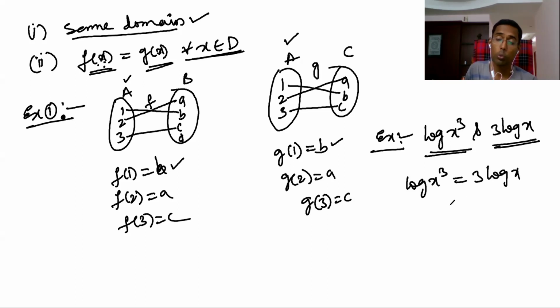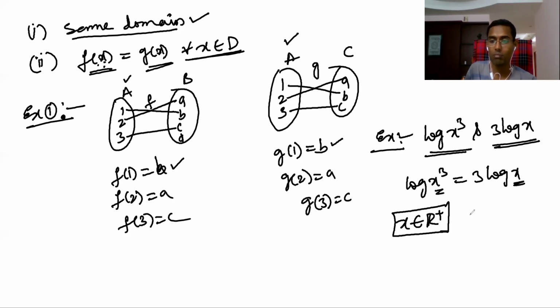Why are these both equal functions? How do you know? Because here x is a positive real number, as I already told you, and here also x is a positive real number.